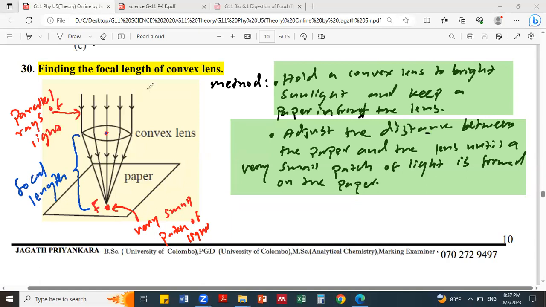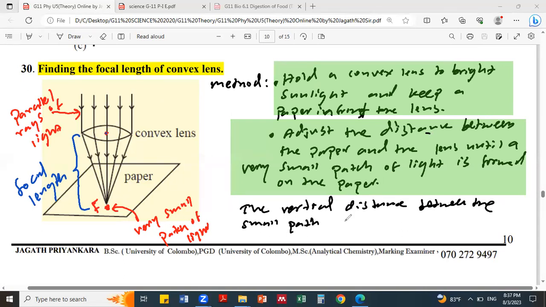The vertical distance, or the shortest distance, between the small patch of light and the paper is known as what?